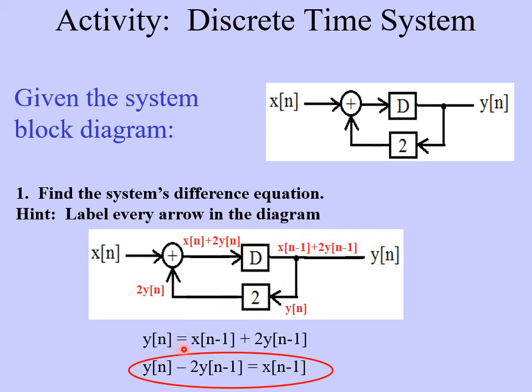So I can write y of n equals x of n minus 1 plus 2y of n minus 1. And as is customary, I'm going to put my y's on the left. So I have y of n minus 2y of n minus 1 equals x of n minus 1. There is our linear difference equation that describes this system up here.